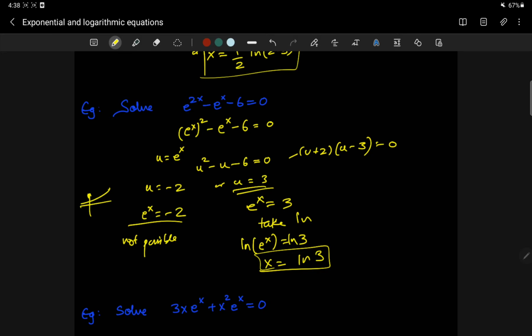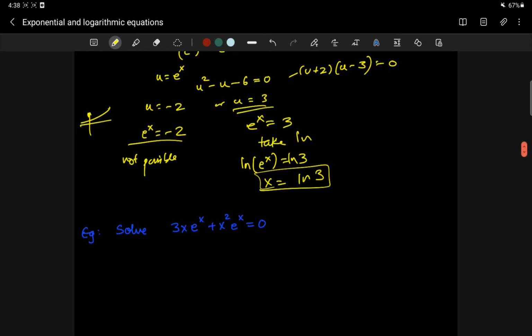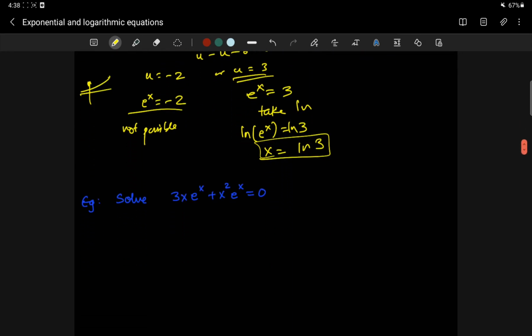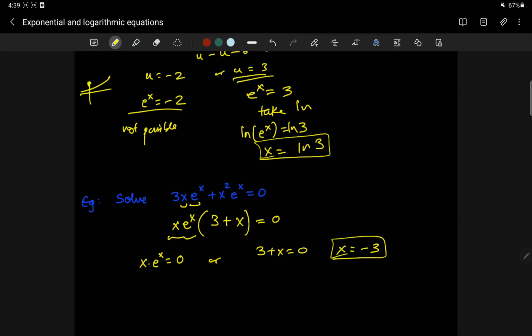So we can also combine this with our previous tools that we've learned, like quadratic-like equations, quadratic equations, or factoring, as is the case in the next one. Here, I can factor out an x and an e to the x, and I'm left with 3 plus x equals 0. That gives me x times e to the x is 0, or 3 plus x is 0, the latter of which gives me x is negative 3.